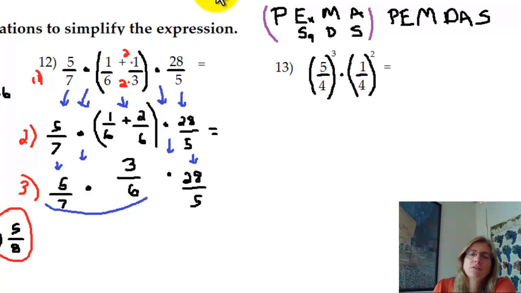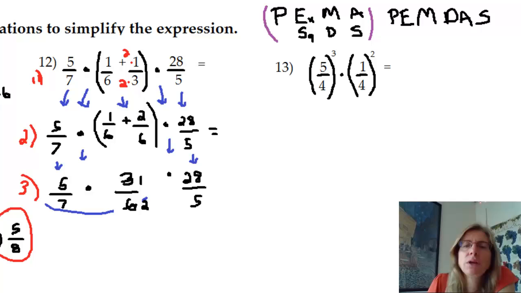So if we work this problem, we can't cross reduce, but we can reduce here. 3 into 3 is 1. 3 into 6 is 2. So it reduces to 1/2.